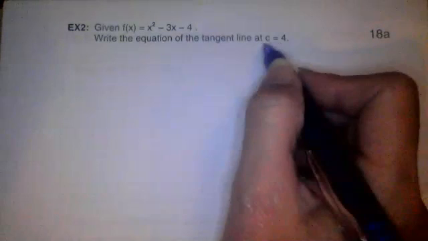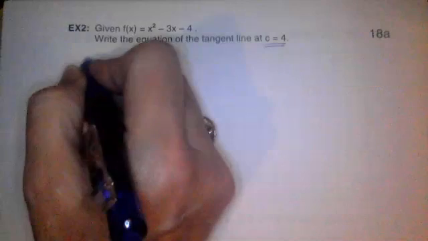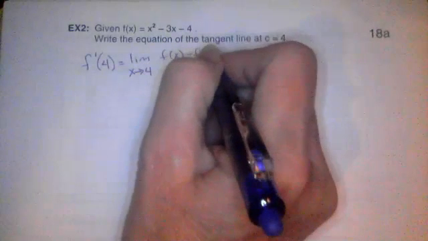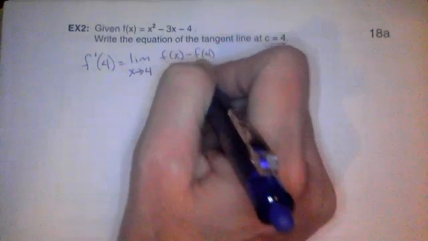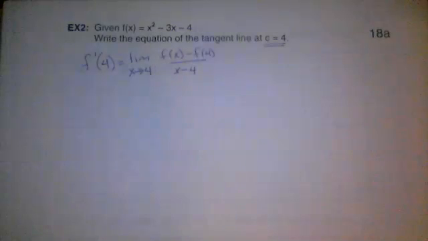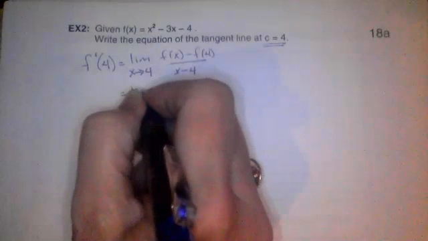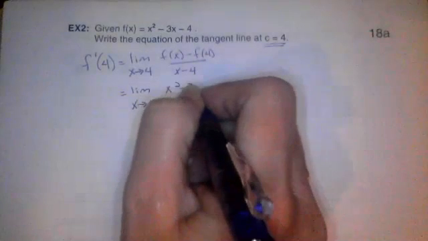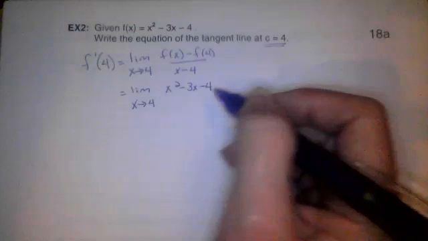So we know that we're supposed to be finding the equation of the tangent line at c equals 4. So we're finding the derivative at 4, which is the limit as x approaches 4 of f of x minus f of 4 over x minus 4. Okay, so we have the limit as x approaches 4 of x squared minus 3x minus 4 minus f of 4.